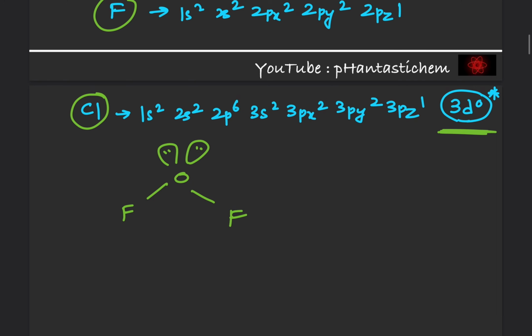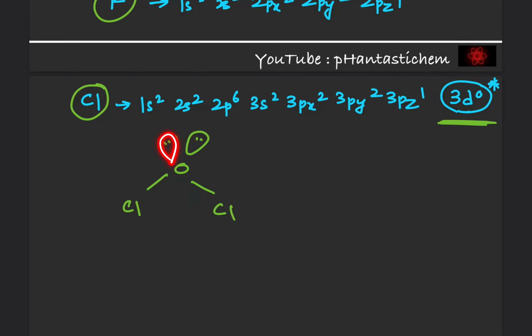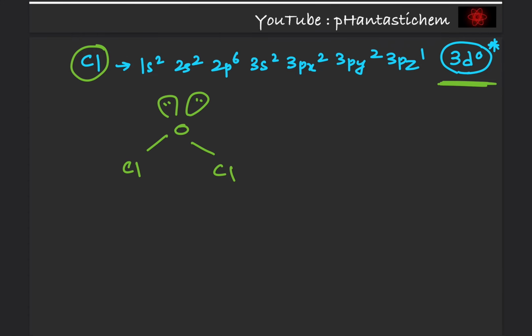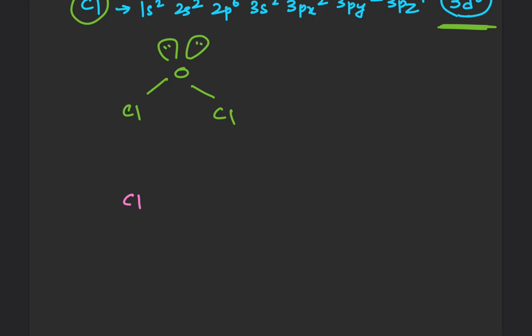What I was saying is that the lone pair on the central oxygen atom can delocalize into the vacant 3d orbitals of chlorine, which is known as back bonding. With respect to the diagram, I can show back bonding. Chlorine will have vacant or empty 3d orbitals, so I will draw them in this fashion.